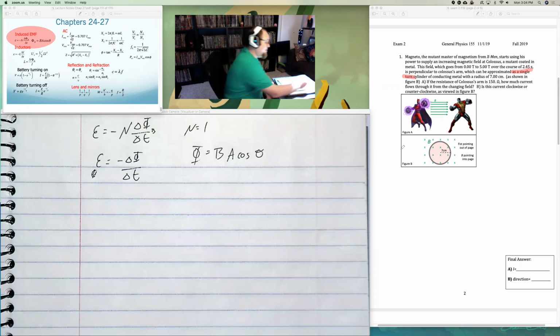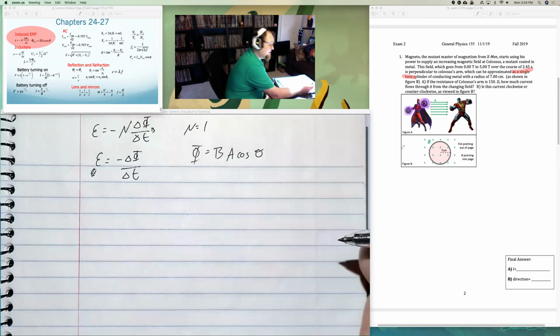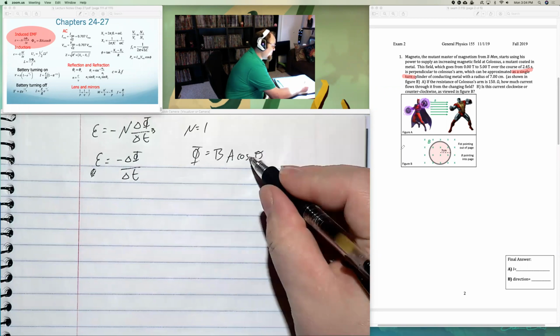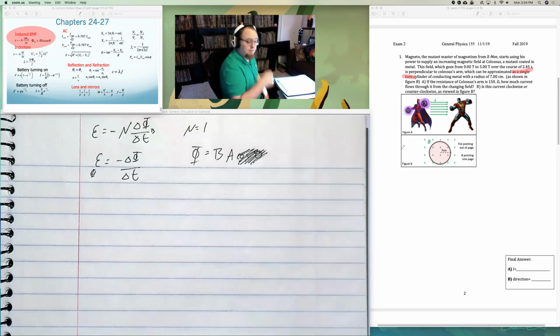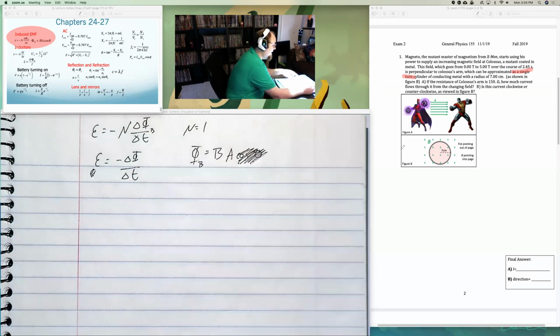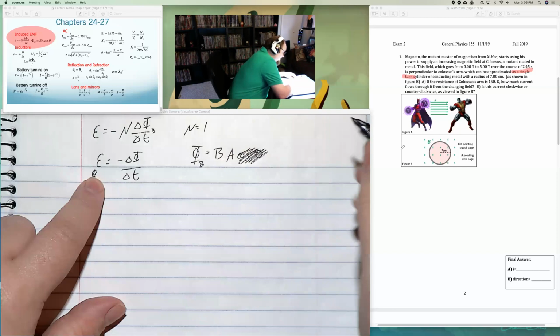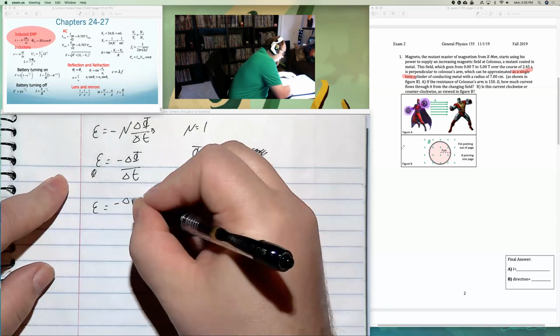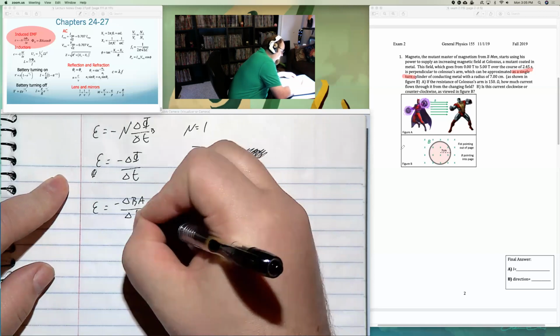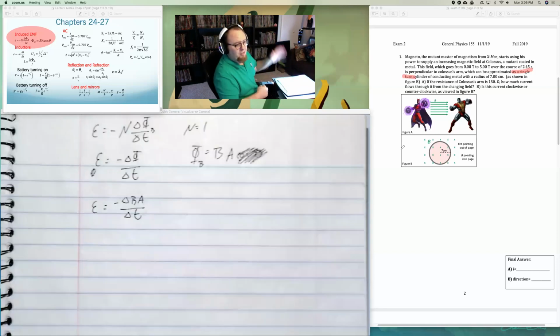And that means the angle between them is 0 degrees. The cosine of 0 is 1, and I can just say that the magnetic flux is BA. And I'm going to plug that into this equation, that EMF equals negative change in BA over change in t. Now, I want to do something kind of silly here. I'm just going to drop my negative sign.